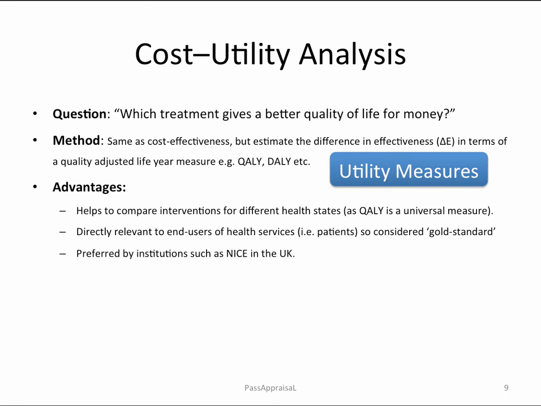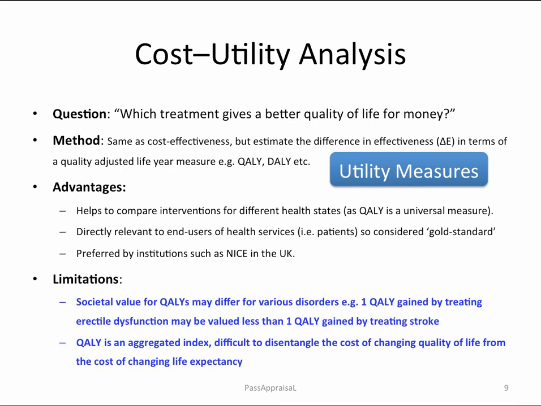For this reason, cost utility approach is preferred by institutions such as the NICE in the UK. It is important to note that the value placed by the society for QALYs may differ for various disorders. For example, one QALY gained by treating erectile dysfunction or alcohol abuse may be valued less than one QALY gained by treating stroke or schizophrenia.